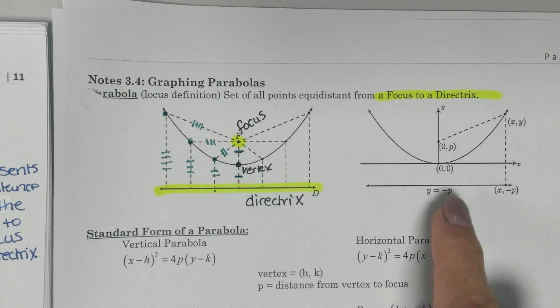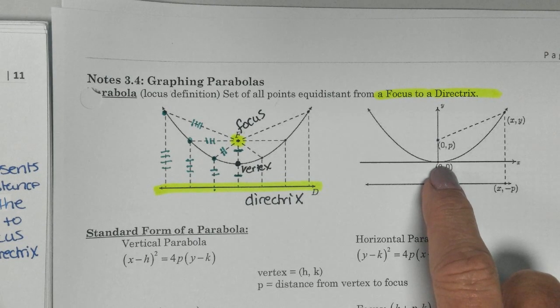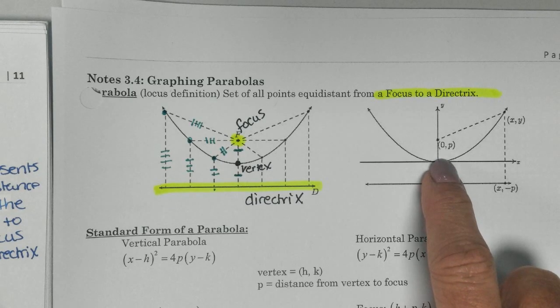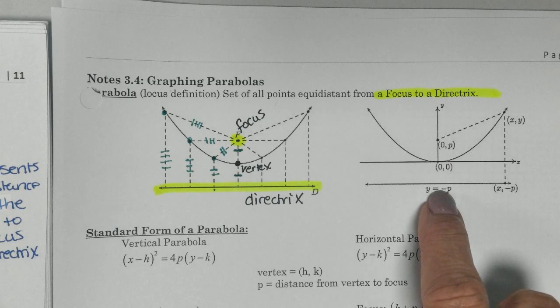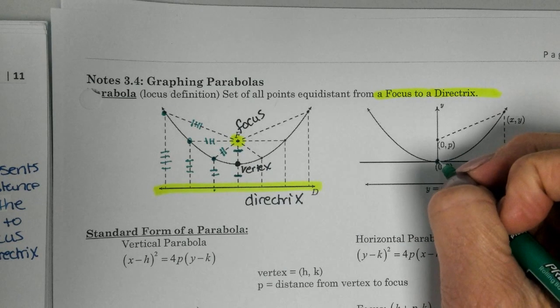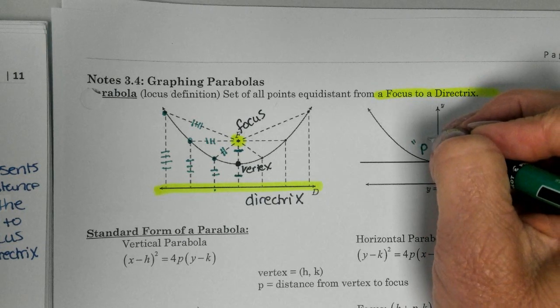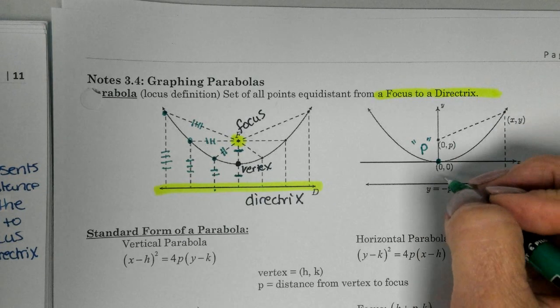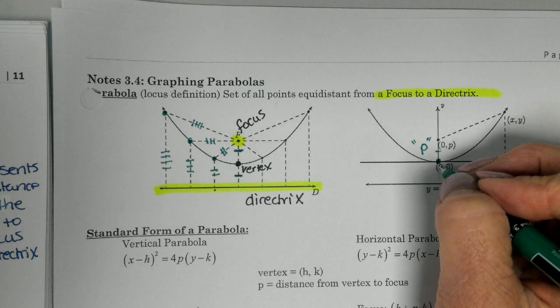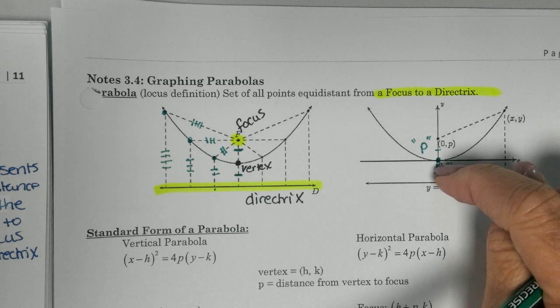Now, that distance that I was talking about between the vertex and the focus, and the vertex and the directrix, this is a value, and we're going to call this P. And that distance is the same in both places, here and here.